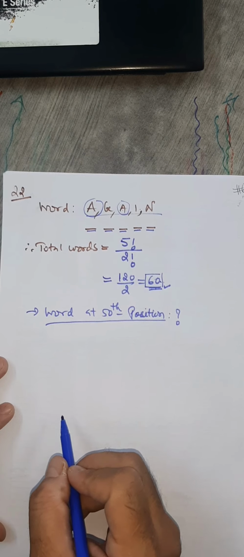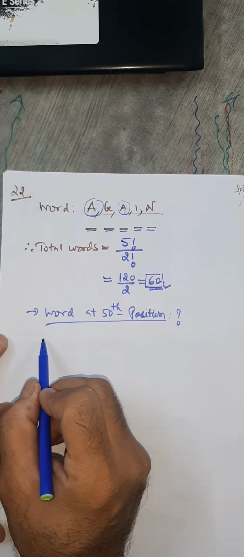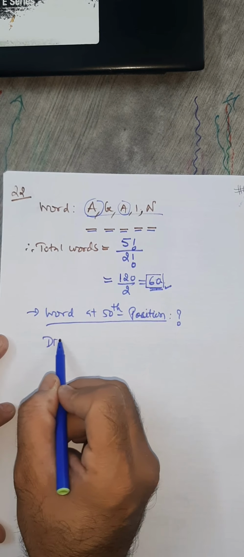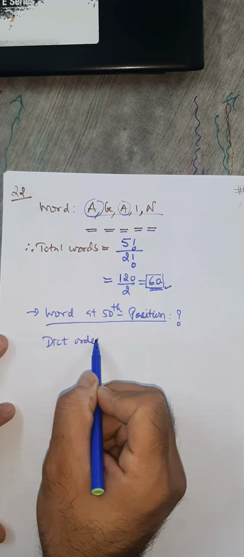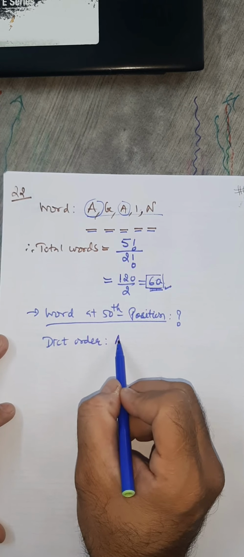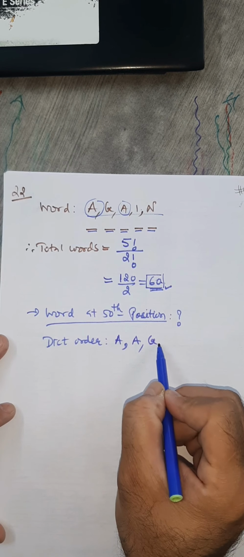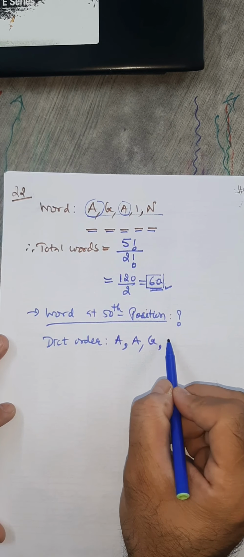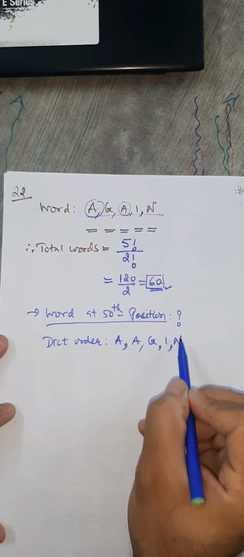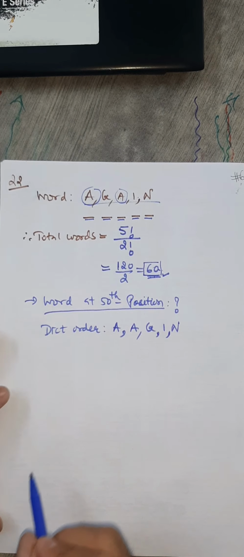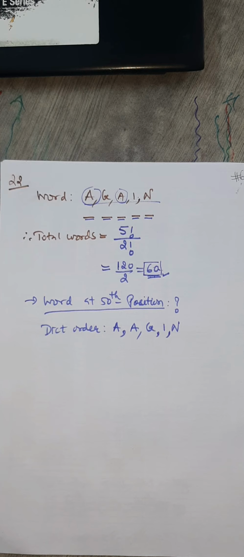That's the question, and the order is dictionary order. As per dictionary order, the letters are arranged as A, G, I and N. This is the standard way of solving such questions.